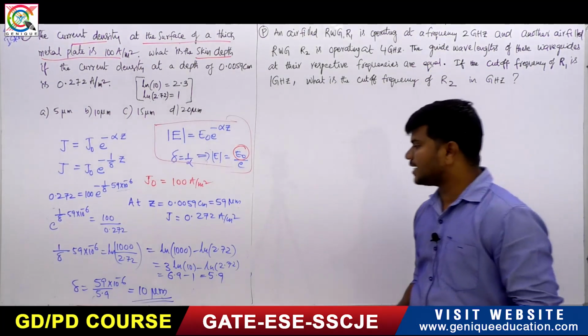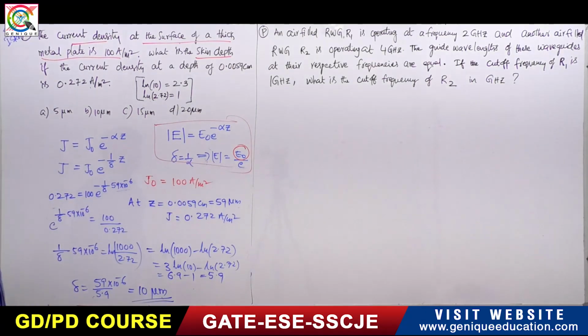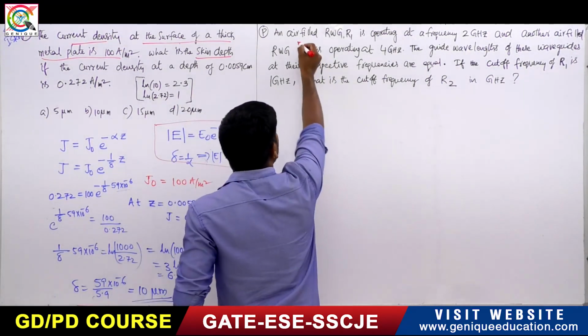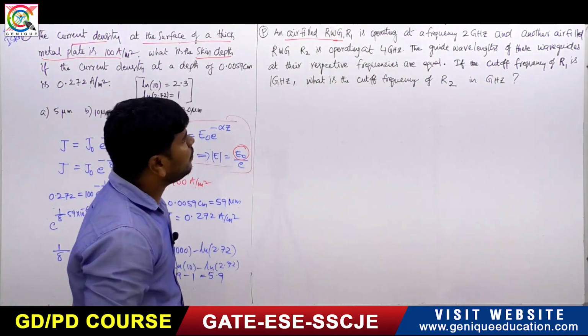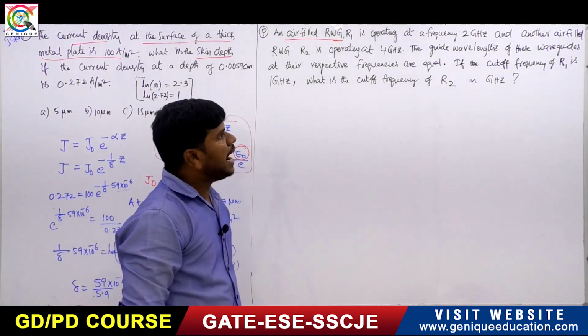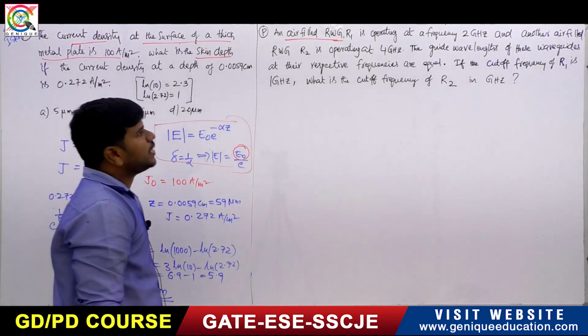Now come to the next question. An air-filled rectangular waveguide, air-filled is very important, rectangular waveguide R1 is operating at a frequency of 2 GHz and another air-filled rectangular waveguide R2 is operating at 4 GHz.